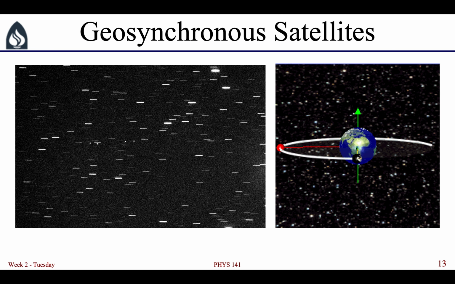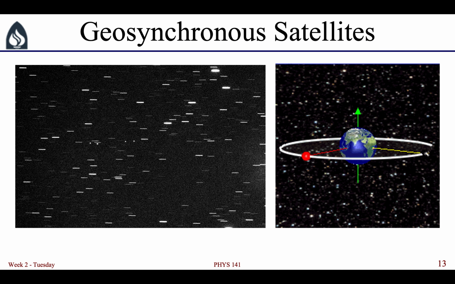This implies that the geosynchronous satellites are all at the same height above the Earth, so they all have the same radius of their orbit and all therefore have the same period, which would be 24 hours, the amount of time it takes the Earth to go around once.